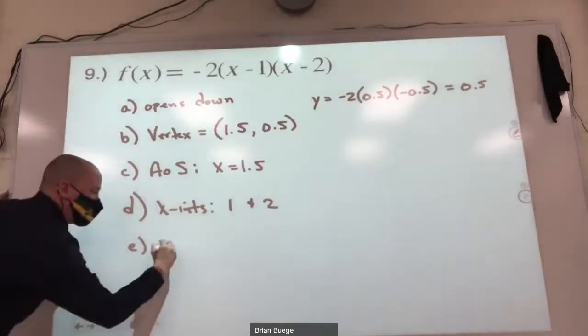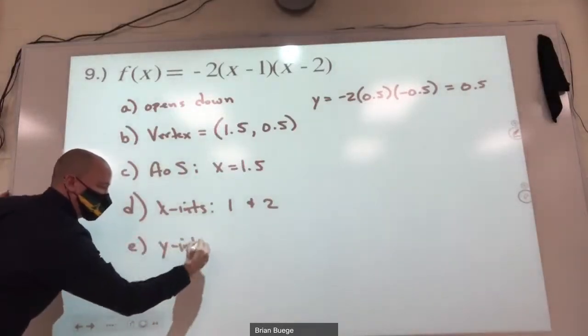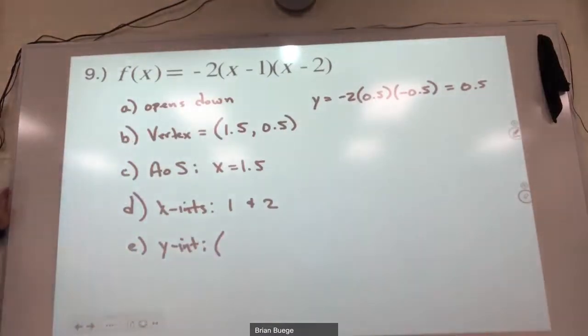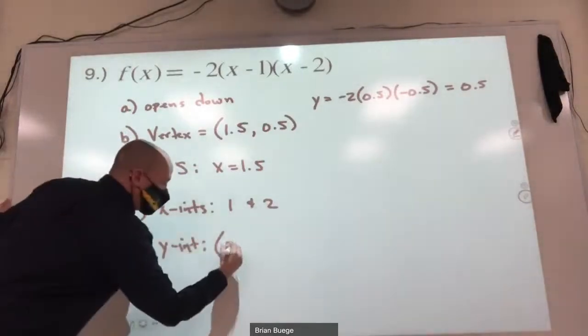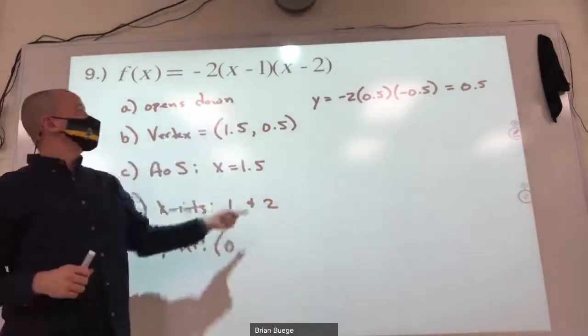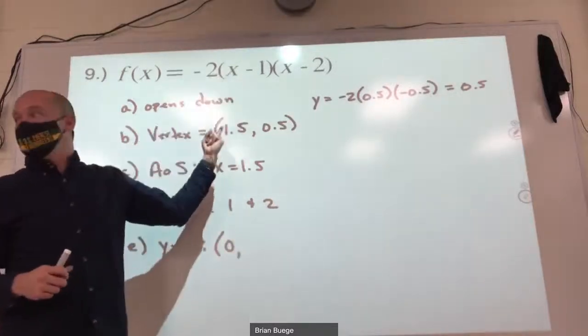Let's go to the y-intercept. How do I find the y-intercept? Plug in 0 for x. Always. Y-intercepts are always when x equals 0. So we're going to do it the same way I just did, but instead I'm plugging in 0 instead of 1.5.